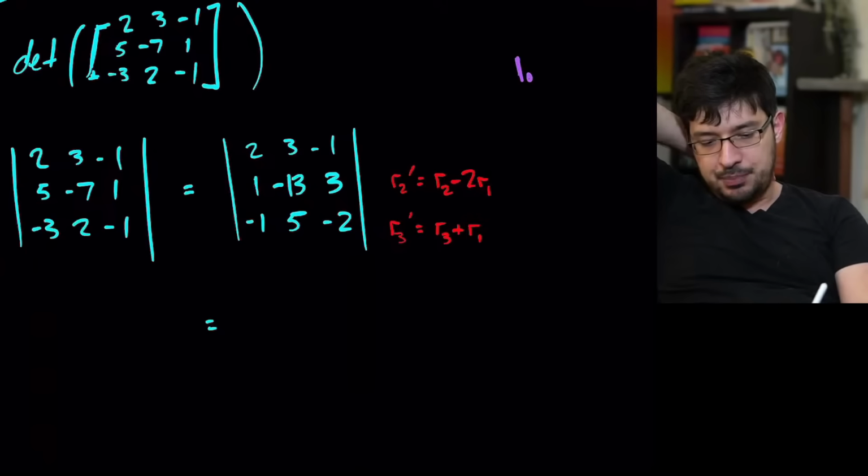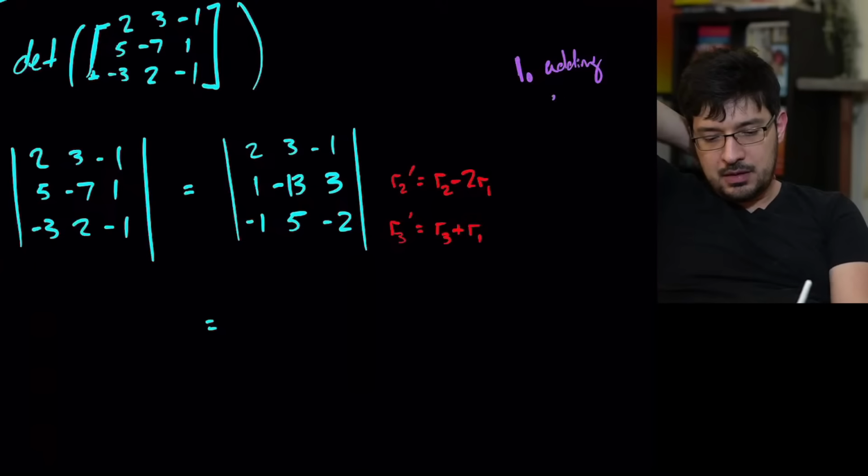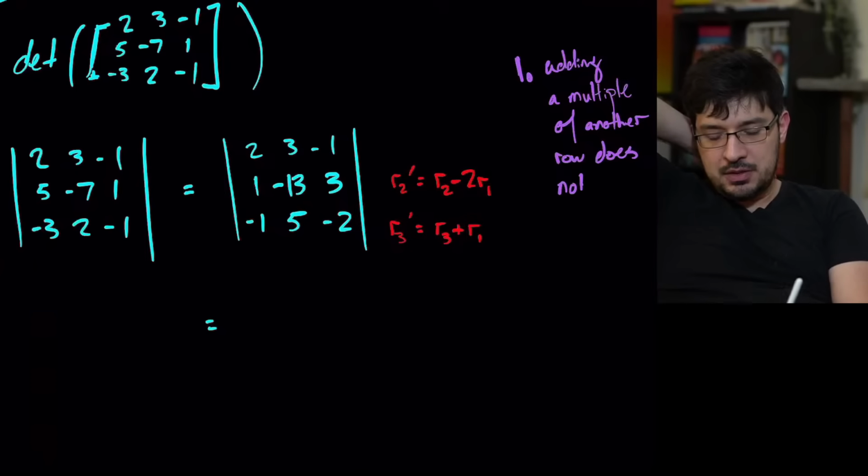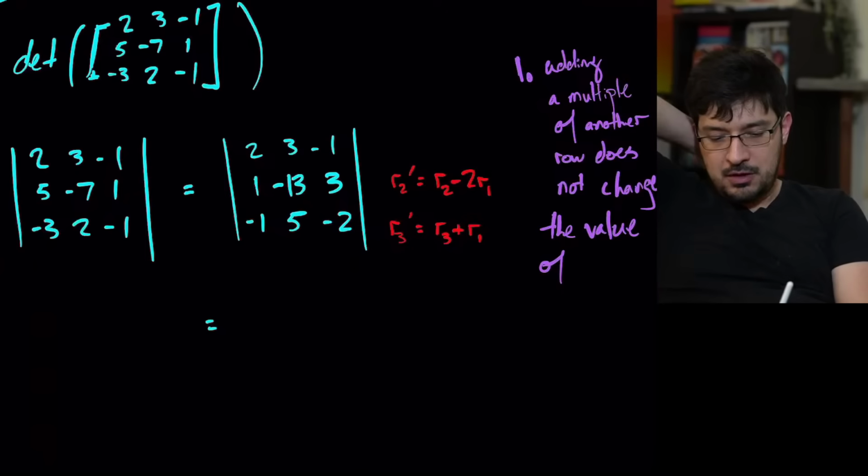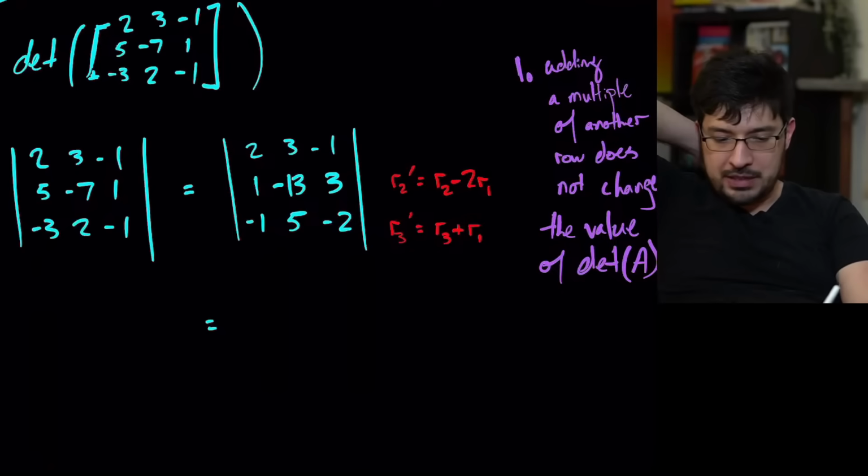So, property 1 of the determinant: adding a multiple of another row does not change the value of the determinant of the matrix. Okay, so this is one really cool property, and that's what I just did here.